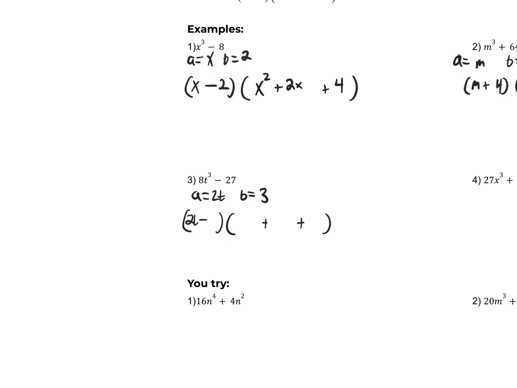And so then we have 2t minus 3, and our first one is going to be 2t squared, so we're squaring both the 2 and the t, so that's 4t squared. And then we have 2t times 3, so 6t, and then we have 3 squared, so that is 9. Goes there.